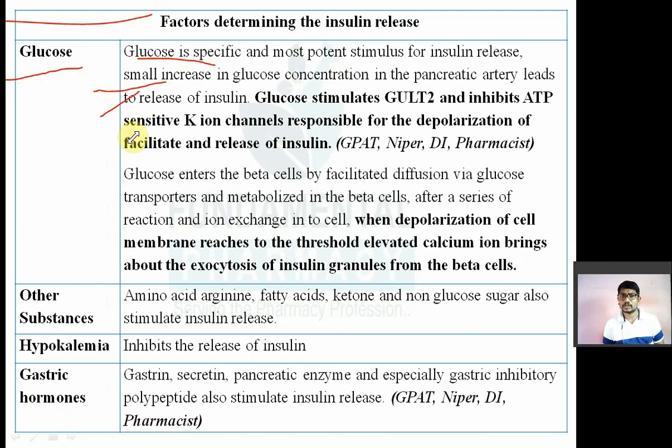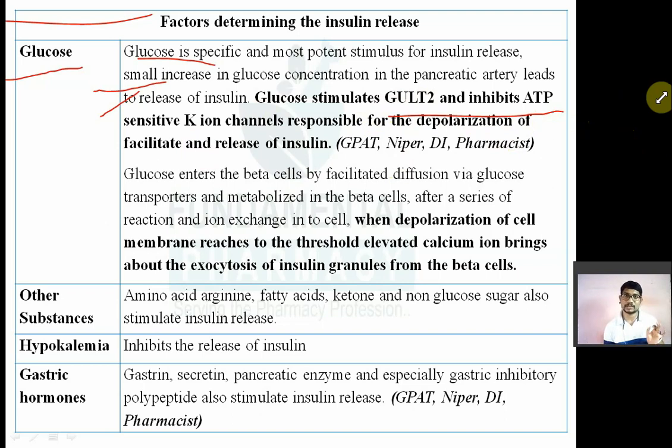Glucose stimulates GLUT2, that is nothing but glucose transporter 2. It is a transporter or receptor for glucose present on the beta cells of Langerhans. After that, glucose gets entry into the beta cell and inhibits the ATP sensitive ion channels. Inhibition of the ATP sensitive ion channel prevents the outward movement of potassium, which causes an increase in the potassium level inside the cell, and that is the depolarization.